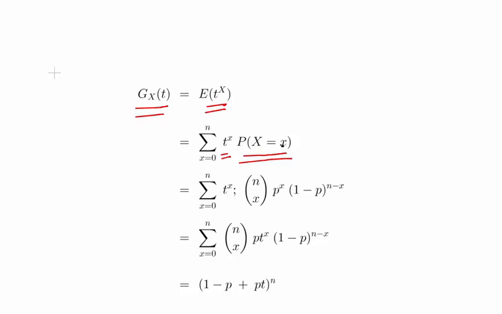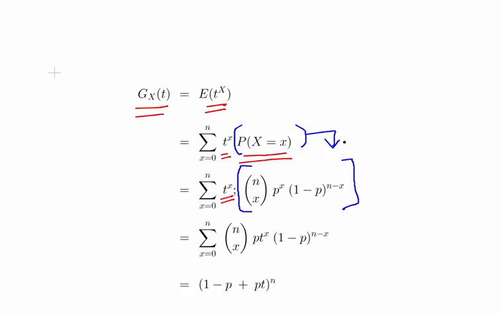What we're going to do here is split it up: here we have t to the power of x, and this is the probability mass function for a binomial random variable.